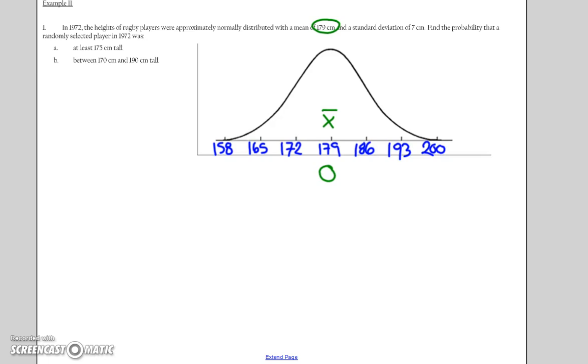Now, we know that there is a 7 centimeter difference for the standard deviations, and we know there's 3 above, 3 below. So with this, we know that 186 must be 1, 193 is 2, and 200 is 3 above. 172 must be 1 below, 165 is 2 below, and 158 is 3 below.